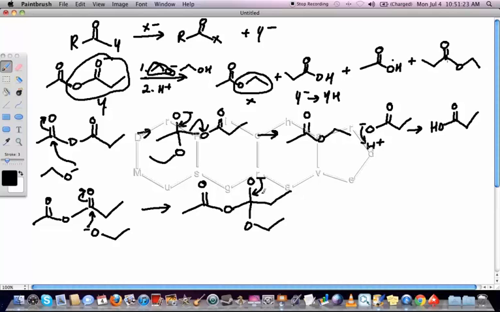And then the electrons will come down and kick out this. And that gives us our second ester. And then we can add H plus, and we end up getting our other carboxylic acid product.